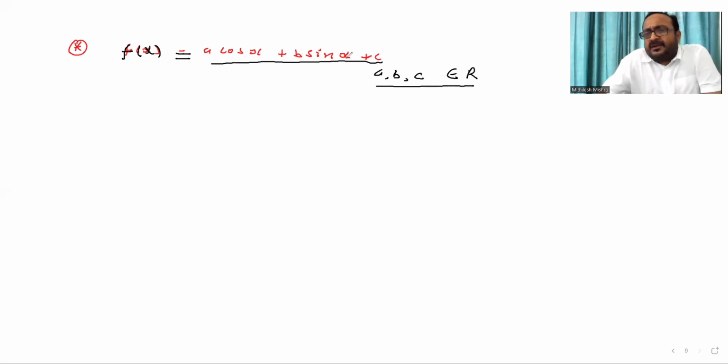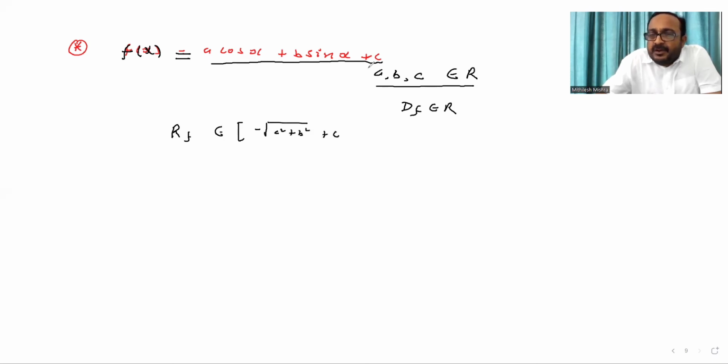Naturally, sine and cos are both defined for all the real numbers. So x can be any real number. That means the domain will be all the real numbers. But to find the range, from trigonometry, its range is from minus under root a square plus b square plus c to under root a square plus b square plus c.